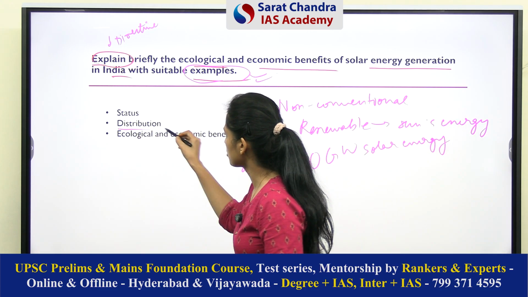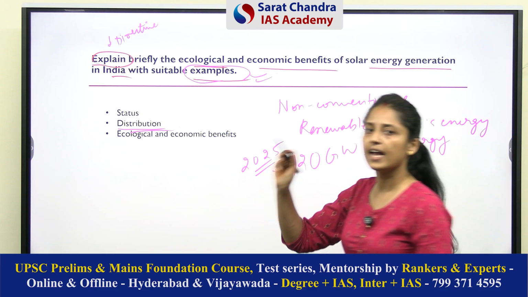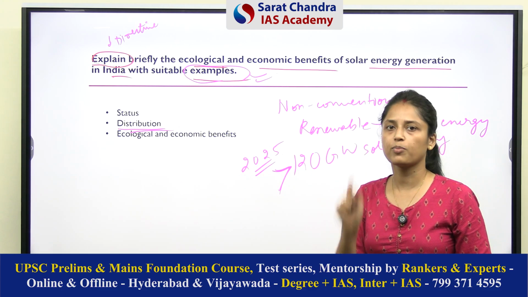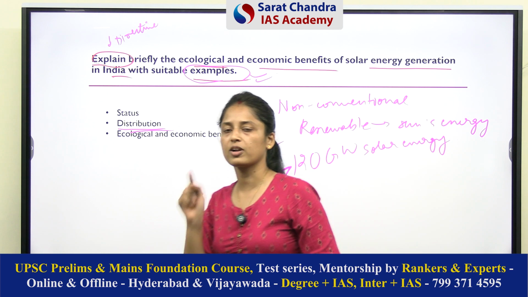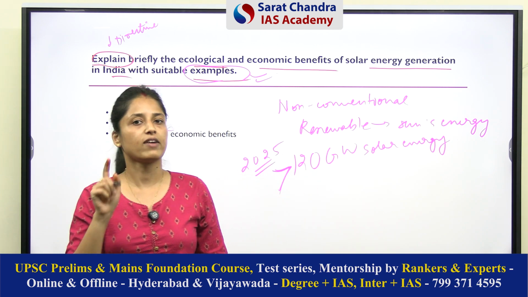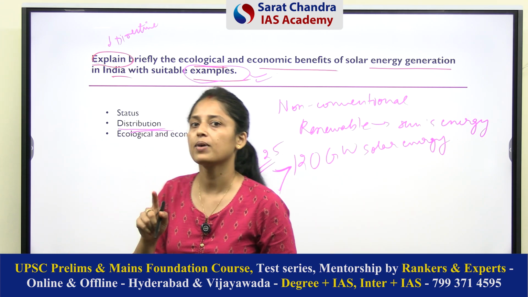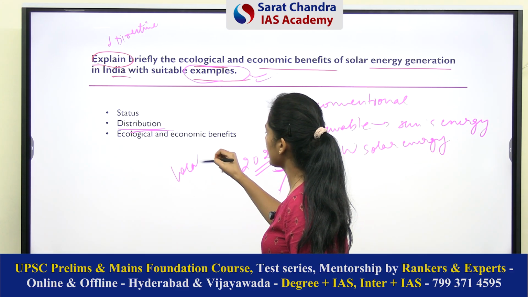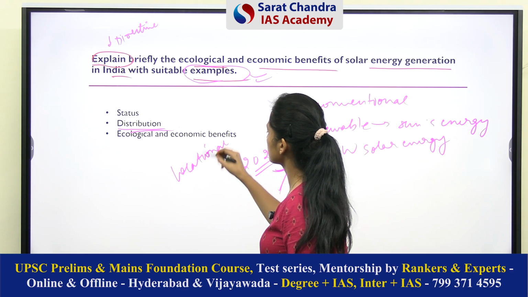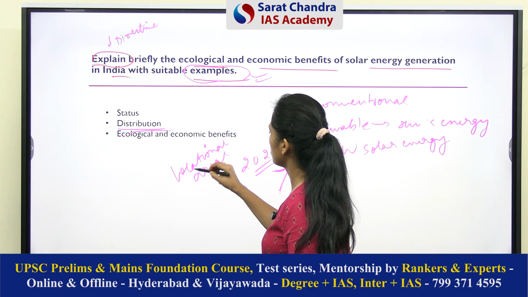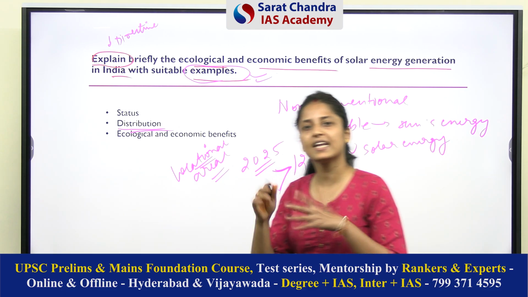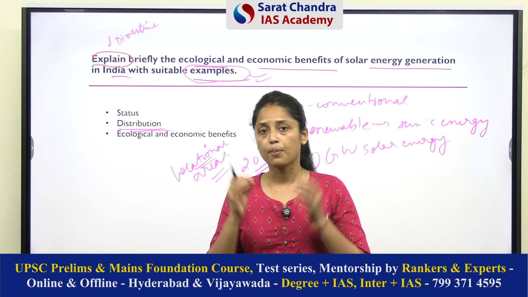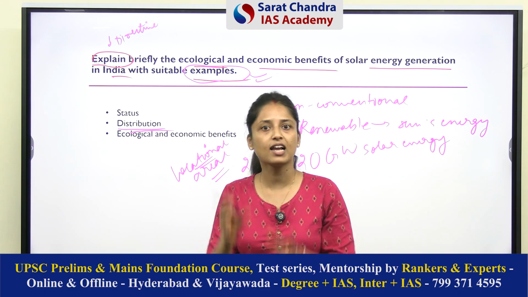Mainly, you must know the distribution of solar energy, because in any geography question, if it's possible, you have to provide the map, or if you are not able to provide the map, you have to provide the geographical concept. For example, in the question of locational and aerial planning, which we discussed in the previous video, you could have simply written the applications of all the four technologies in regional planning, but you have to include the geographical aspect.